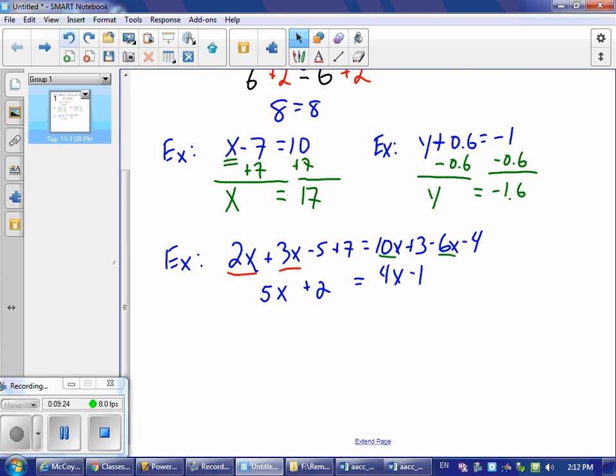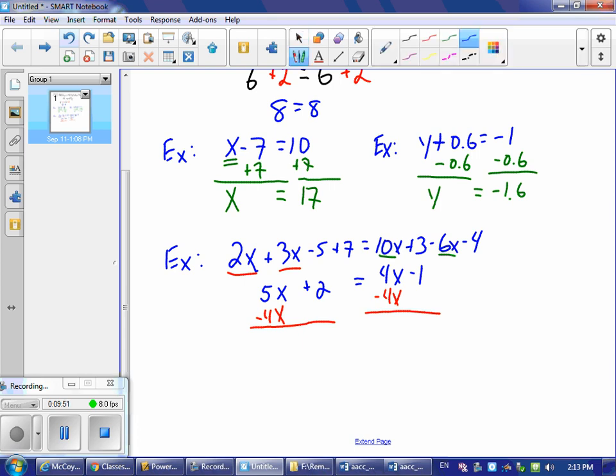In this case, the smaller one is the 4x. So I'm going to subtract 4x on both sides of my equation. Remember, we've got to keep the balance. Also notice I lined it up vertically underneath of the x's. I would not write the 4x or the minus 4x under the 2 or under the -1 because I'm not subtracting it from that piece. It's not like terms.